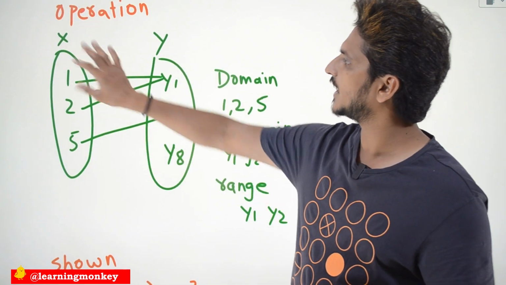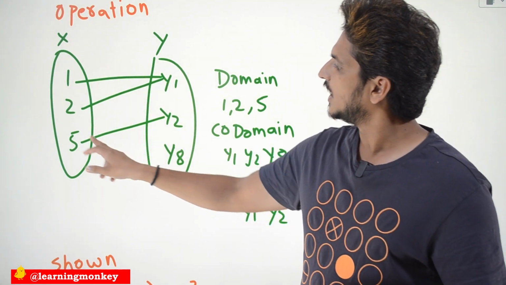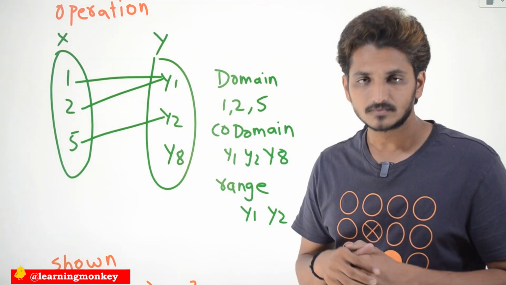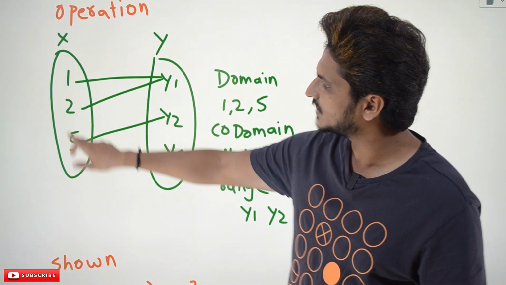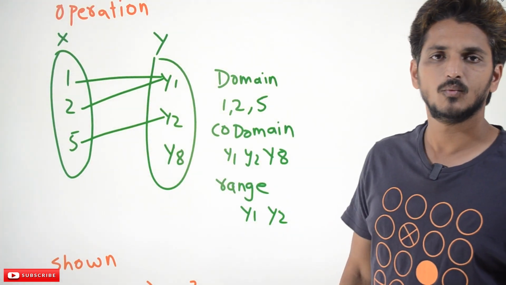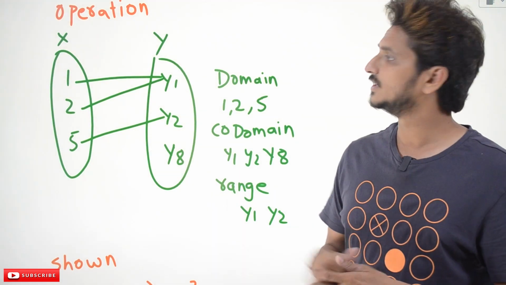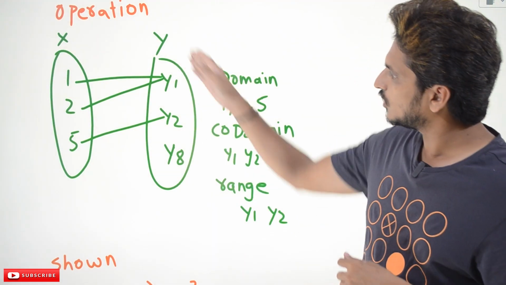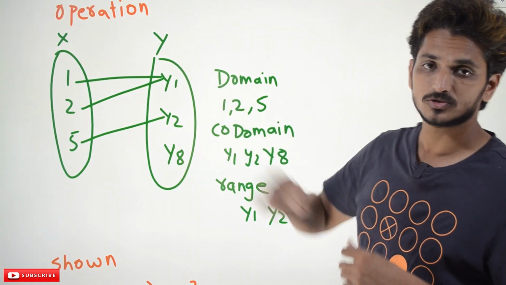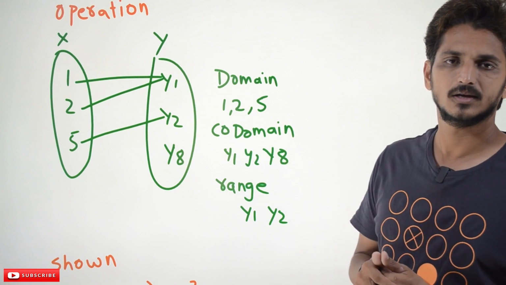Let's take this function from X to Y. 1 relates with y1, 2 relates with y1, 5 relates with y2. In this, the domain of a function means whatever elements belong to X. 1, 2, 5 is the domain of this function X to Y. Similarly, codomain means whatever elements belong to Y: y1, y2, y8.